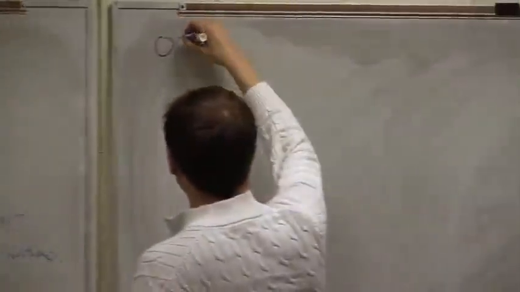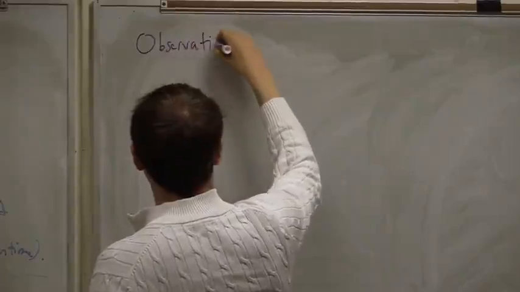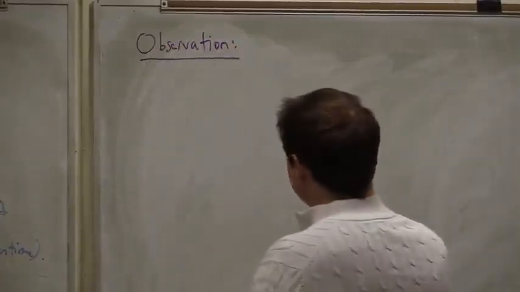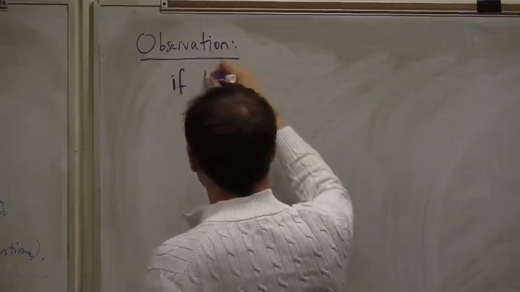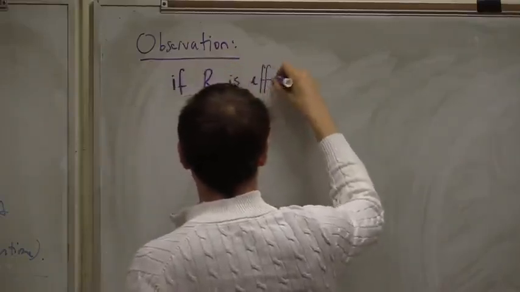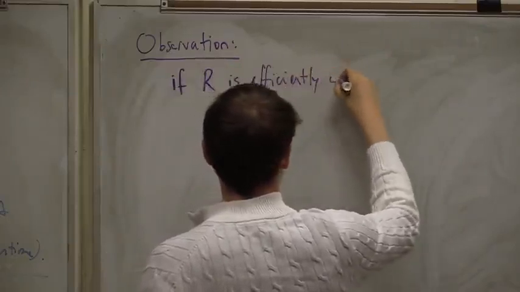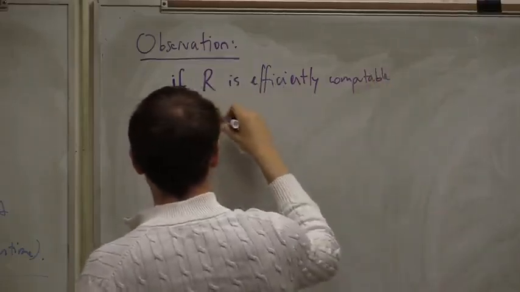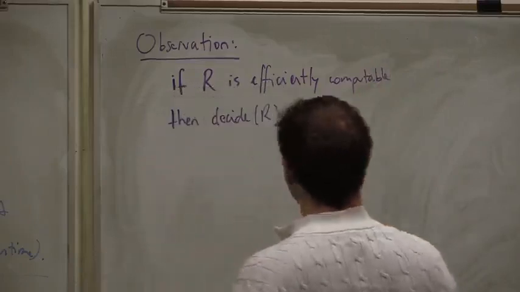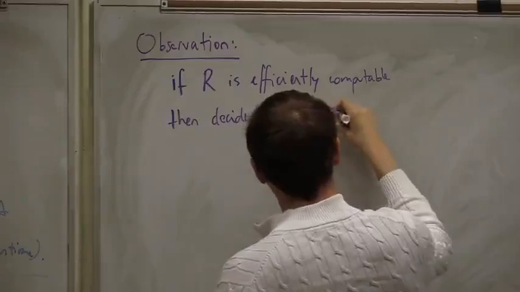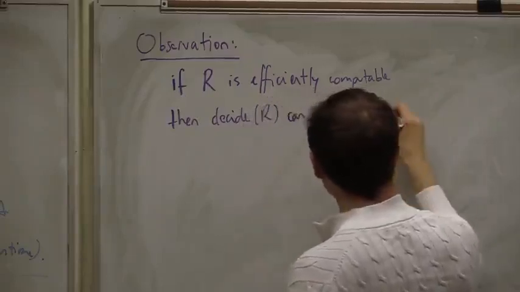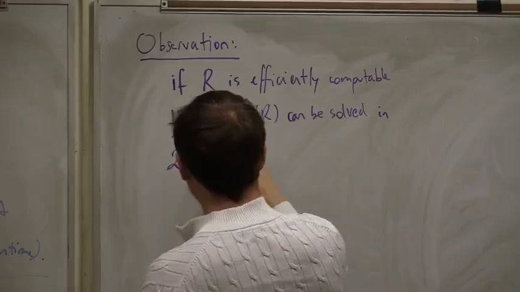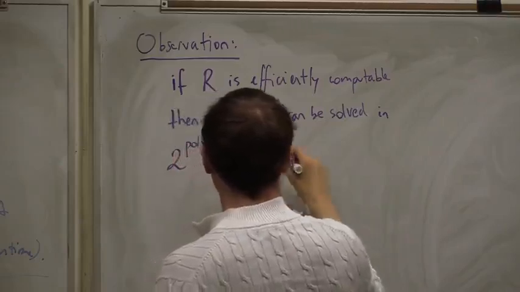So, observation: if R is efficiently computable, then the decision problem associated to R can be solved in 2 to the poly x time.